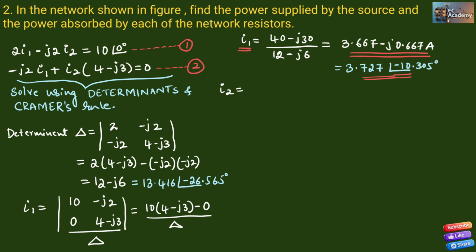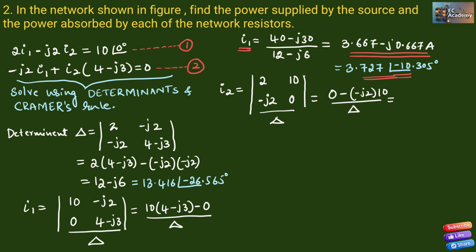I2 is equal to, so in the determinant matrix, we can retain the first column as it is and we can replace the second column with 10 and 0. So we can write 2 minus j2. So the second column we will replace by 10 and 0, divided by delta. So we can write this as 0 minus of minus j2 into 10, divided by delta.